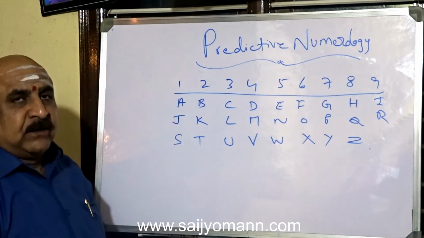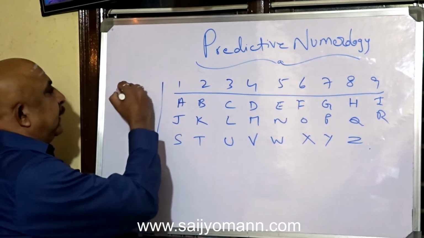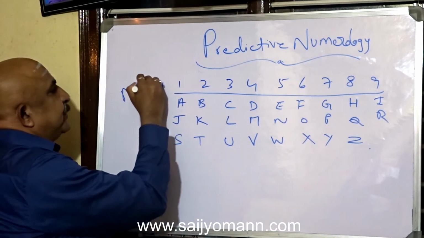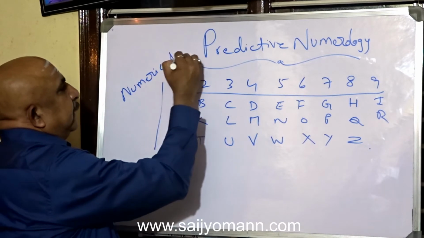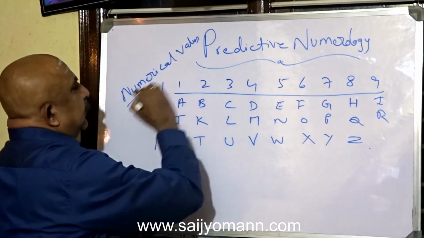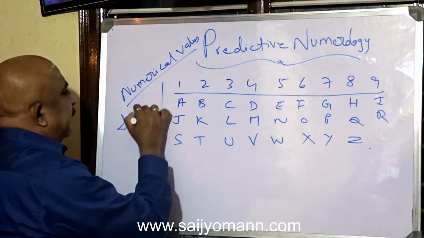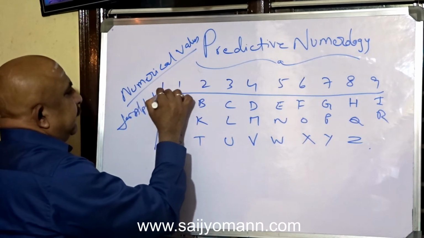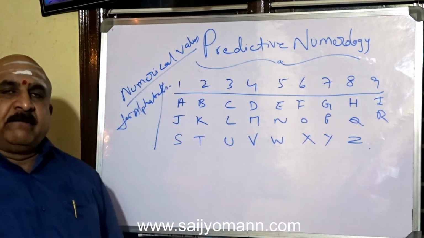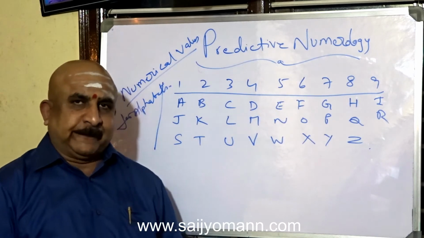So this is how the numerical values for alphabets are obtained.